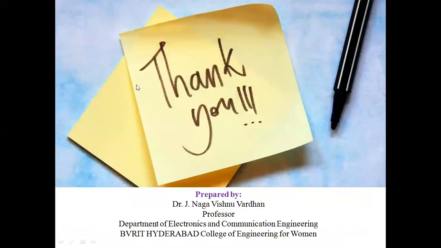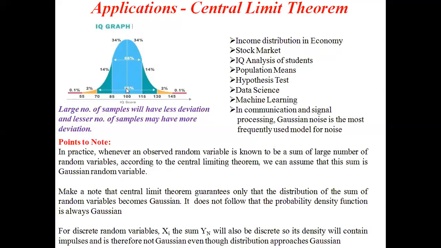Here, you can see the mean value and how it is deviated towards the ends. From the mean value, it is spread towards this end, and from this mean value, it spreads towards this end.